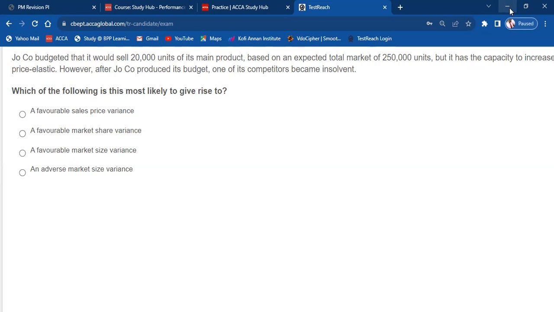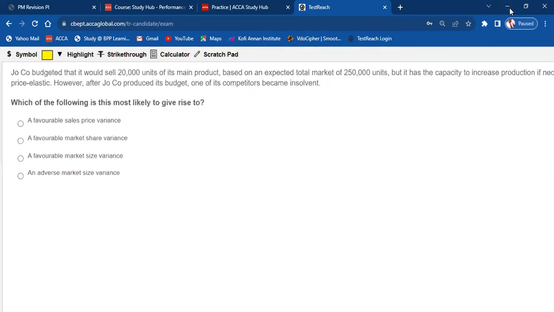And the reason is that I'm looking at it from the angle that maybe we are two people producing for the same market and we are holding shares despite our size. But at the end of the question, it is telling us that the competitor is becoming insolvent. And I have idle capacity.